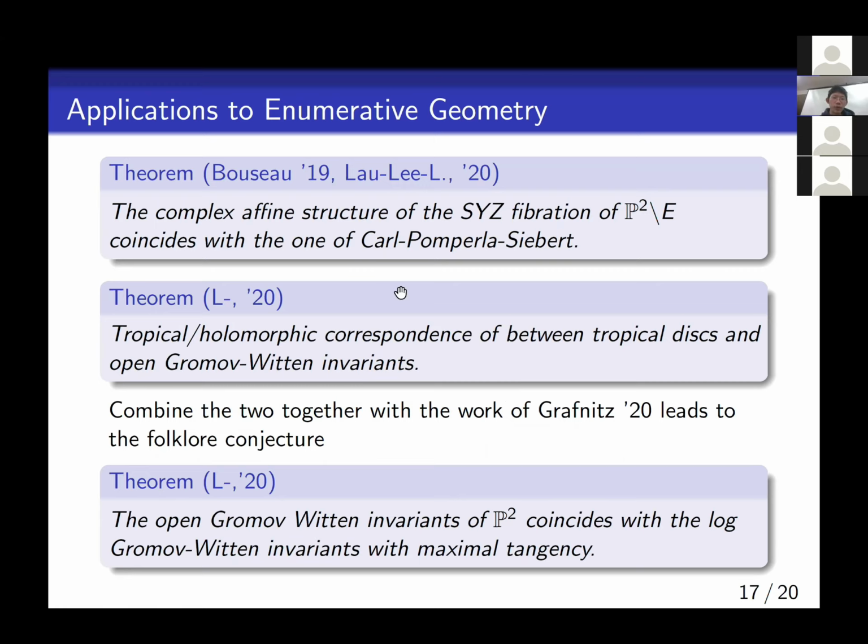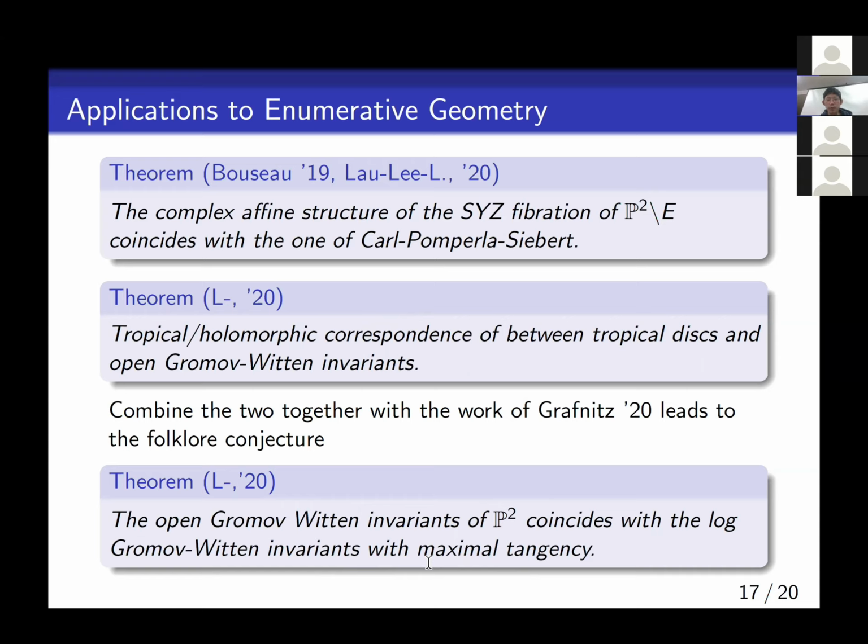So there are some applications to enumerative geometry. With Zhiyuan Li and Xiuchang Liao, we computed how the space of the fibration looks, and how to deduce statements like: if you count the open Gromov-Witten invariants in P2, it will be exactly the log Gromov-Witten invariants with maximal tangency in P2.